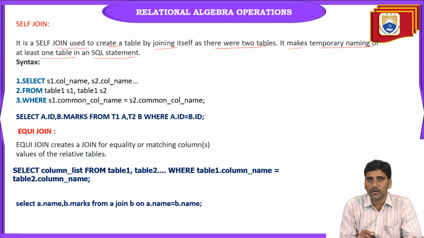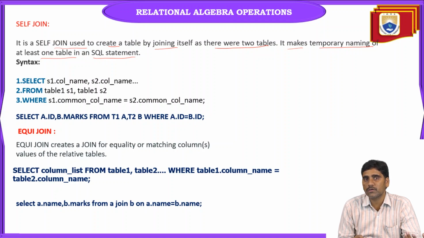So here, to join these two tables, the same table can be joined together, which means we can write the alias name. Take an example: T1 is the table name, and T2 is taken as an alias name for T1, because the T1 table self joins with the same table.